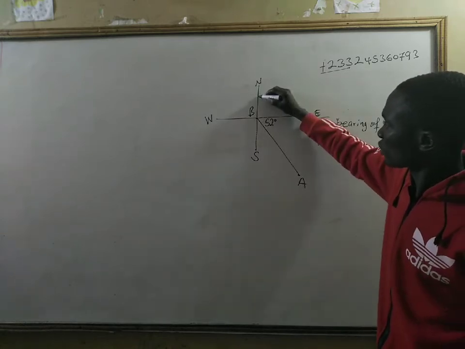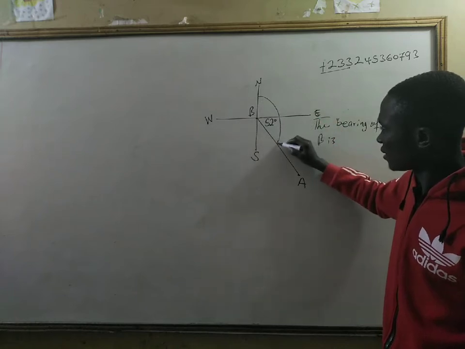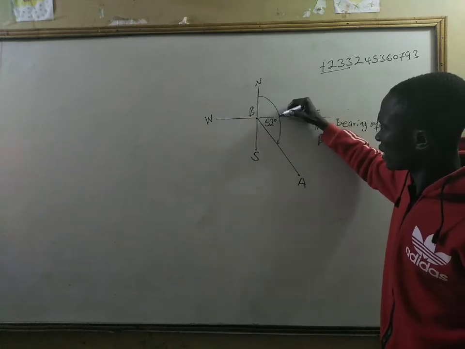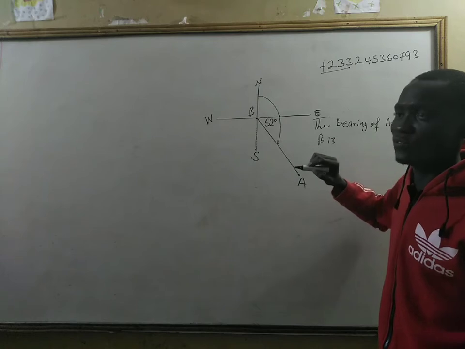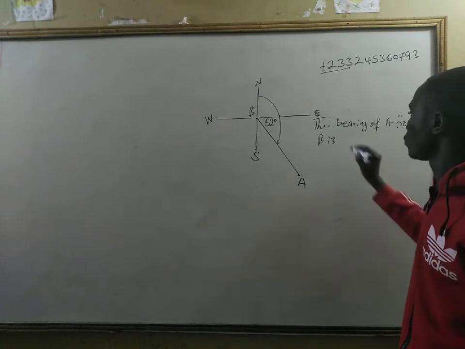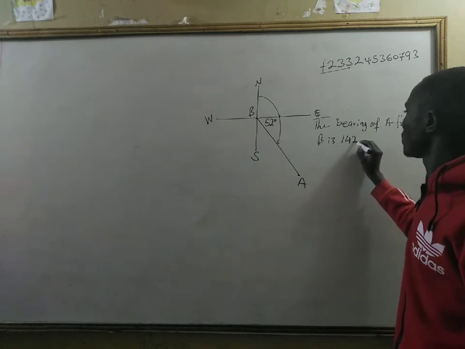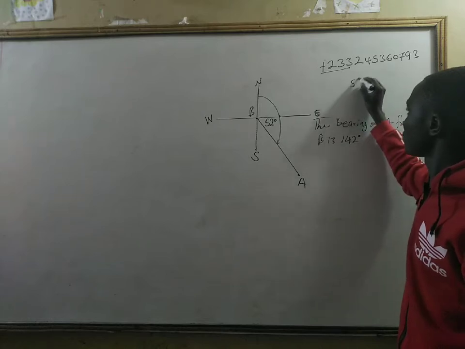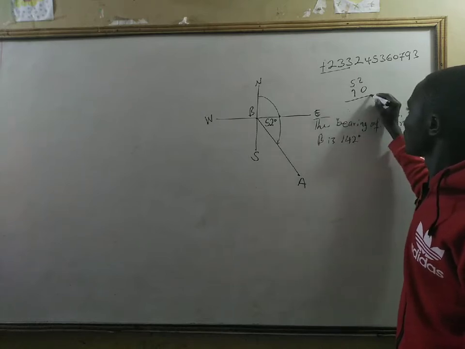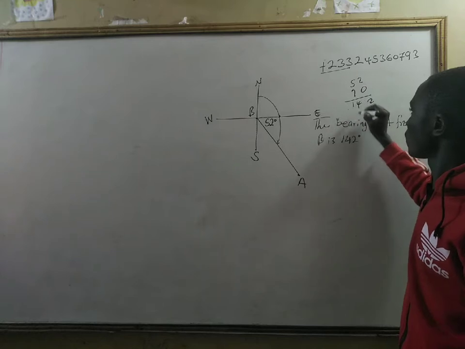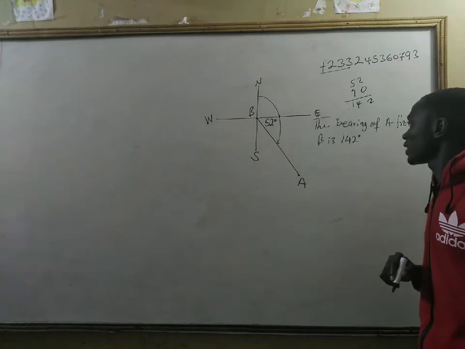So you measure it from north to line A. So now from here to here is 90. 90 plus 52 is 142. So we have 142 degrees. Wow, that's great.